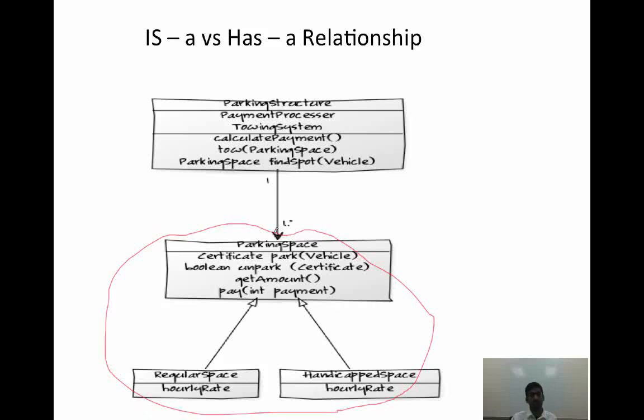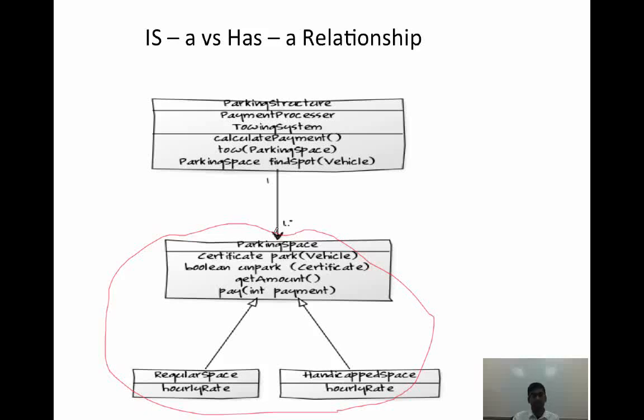And typically these classes are not subtypes of each other. For example, parking structure is not a subtype of a parking space. Parking structure just has a reference to parking space, so it could pass some messages to parking space. It could invoke some behaviors on parking space.